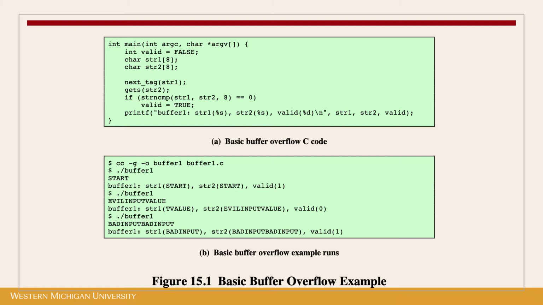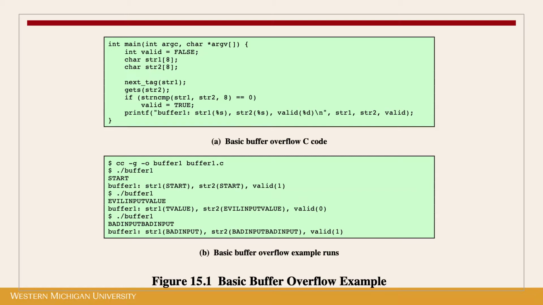So if I do that twice, string 2 is bad input, bad input. String 1 is bad input, but notice that when we do the string compare up in the code, we're only comparing 8 characters, right? That means that the first 8 characters of string 1, bad input, do in fact match the first 8 characters of string 2, which, the whole thing is bad input, but those first 8 characters match. That's going to come out as being valid.